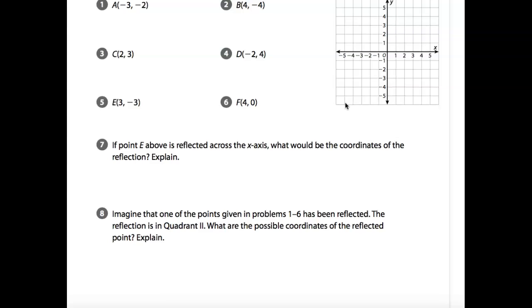Maybe I can put it back up here. So we had A at (-3, -2). This was point A.